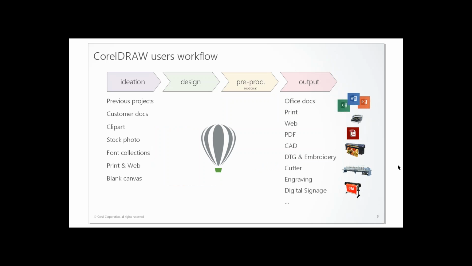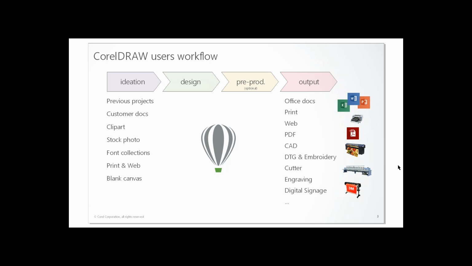Talking about the workflow, the normal workflow from our users goes from what we call the ideation phase, which can start from a blank page or a blank canvas, but quite often also starts from previous documents, from customer documents, using photos and stock photos and clip art, using fonts, etc. So many different sources to start with, and then all the design and the pre-production will happen in CorelDRAW Graphics Suite, to then be output to any type of medium that you want.